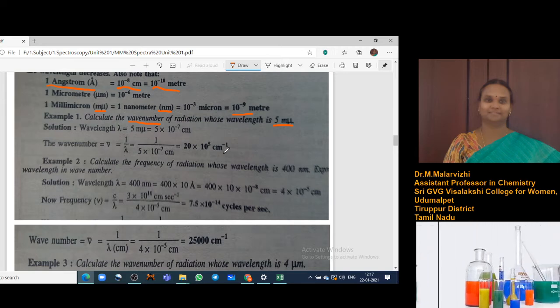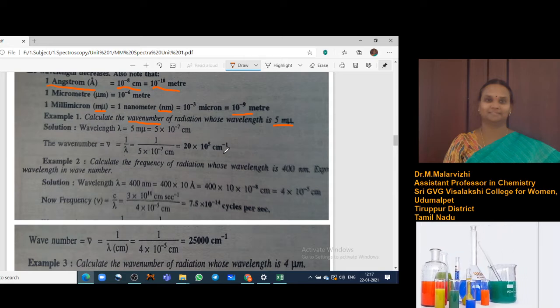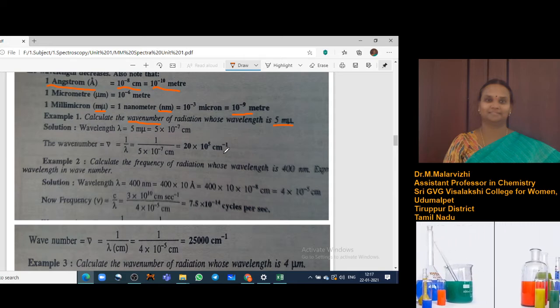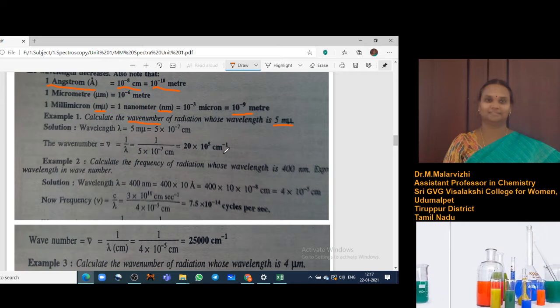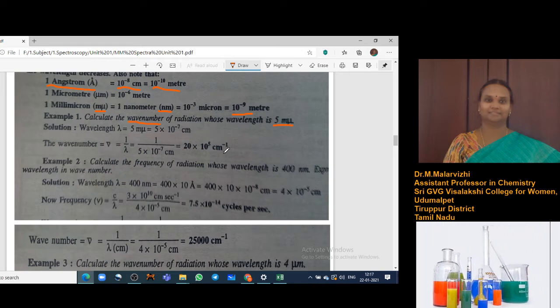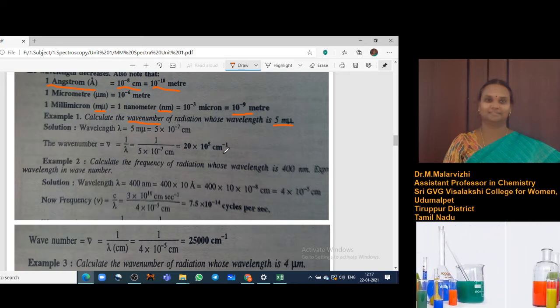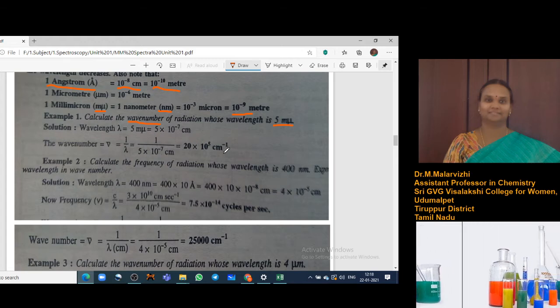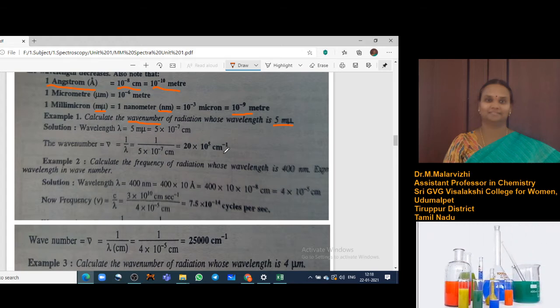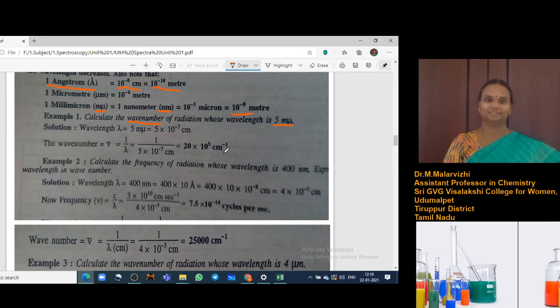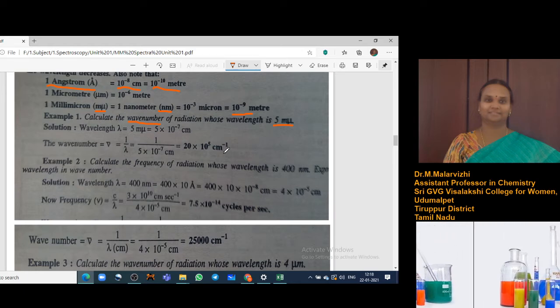The wave number is the reciprocal of wavelength, so it is very normal to express wave number in centimeter to the power minus 1.